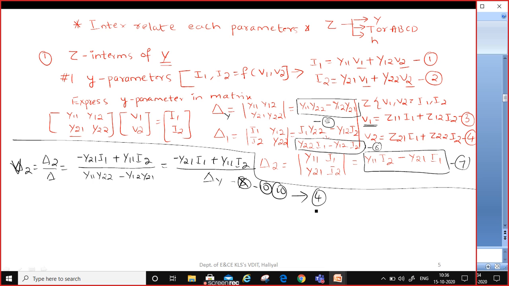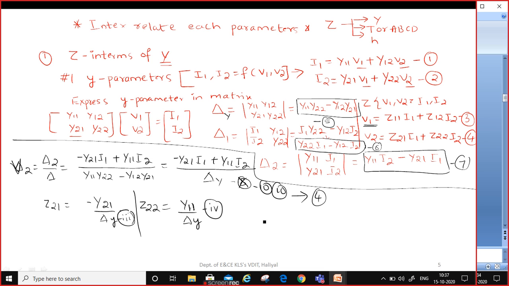If you compare equation 10 with equation 4, you will be able to express Z21 and Z22. So we get Z21 will be minus Y21 divided by delta Y, and Z22 will be Y11 divided by delta Y, right?